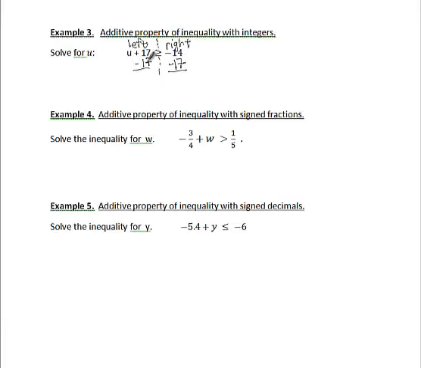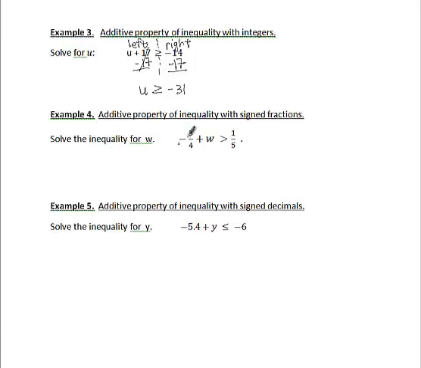So on the left, plus 17 minus 17 is a 0, and so we're only left with the u on the left side. We were only subtracting, so we just bring down the inequality symbol with the same orientation. It opens up towards the left. And then negative 14 minus 17 would be a negative 31.